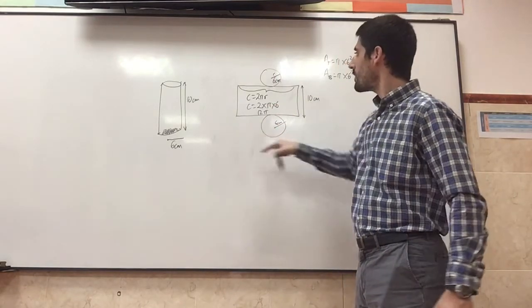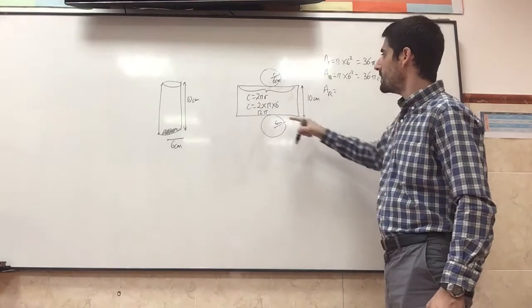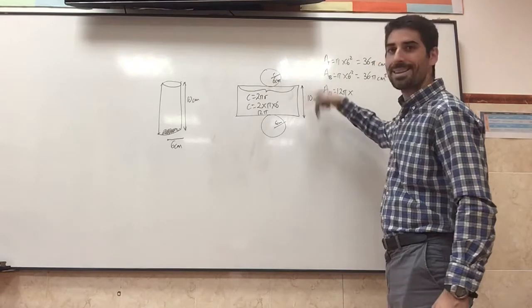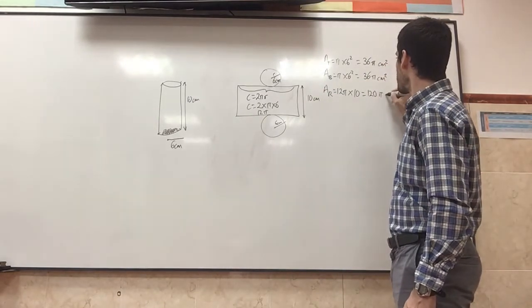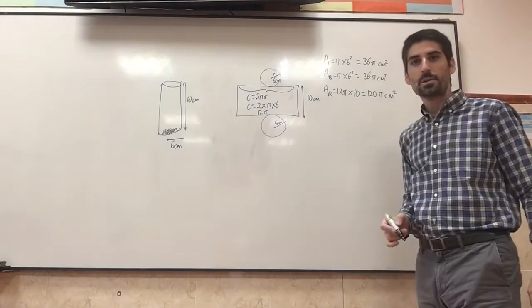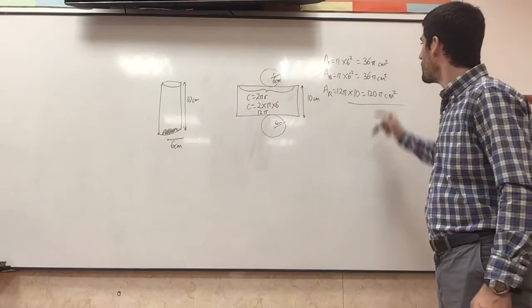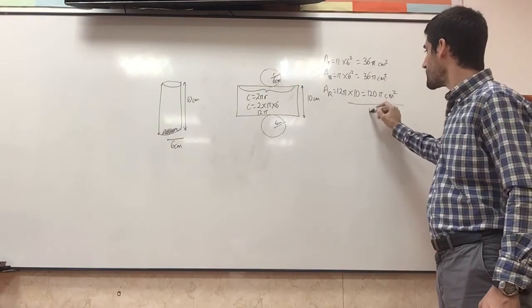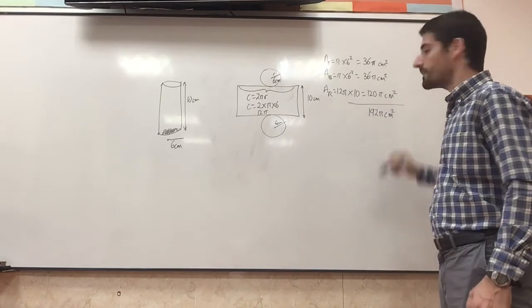So the area of the rectangle is the base, 12 pi, times the length, which is 10. So I get 120 pi centimeters squared. And if I add all of them together, 36 plus 36 is 72. 72 and 120, I get 192 pi centimeters squared.